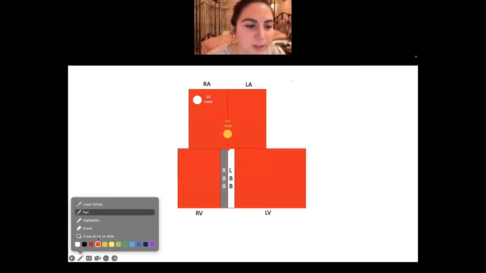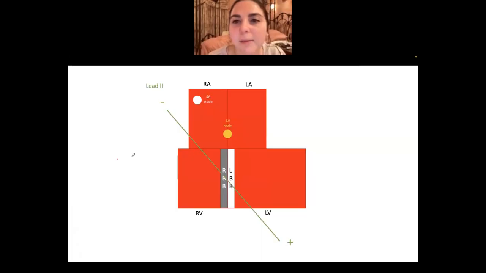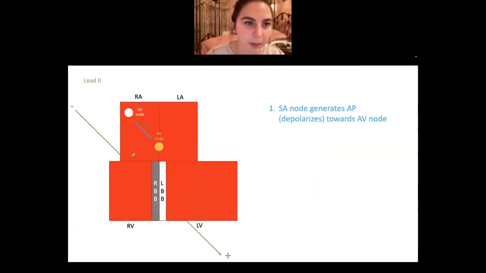All right, so the very first thing that's going to happen, I have to put my lead 2 on. So here's lead 2, because the EKG that we're constructing is from a lead 2 perspective, right? So the first thing that's going to happen is the SA node is going to generate an action potential. So overall, it's going to depolarize, and it's going to send that signal towards the AV node.